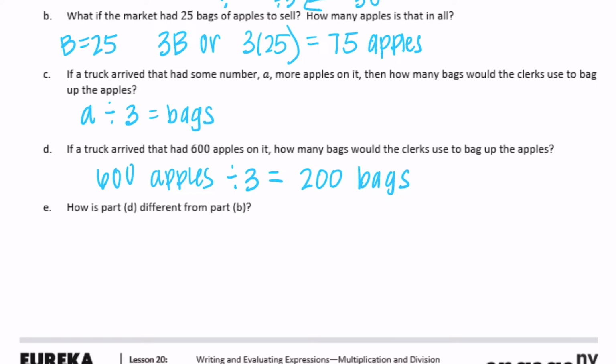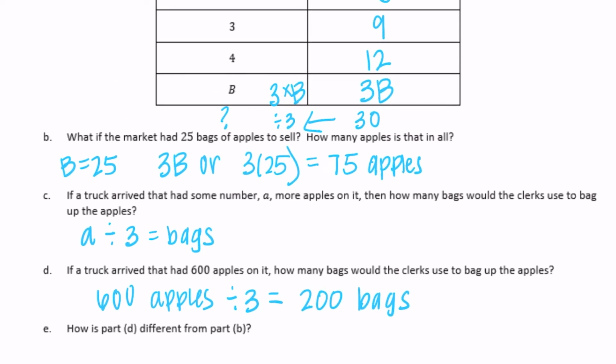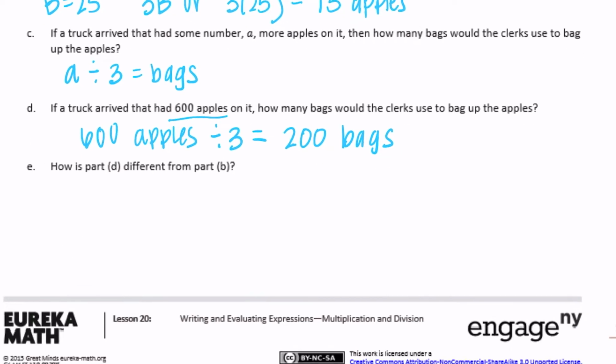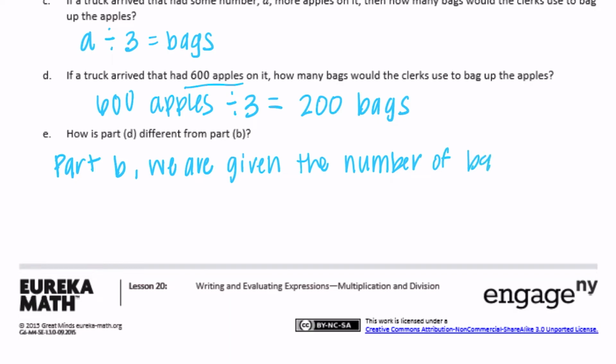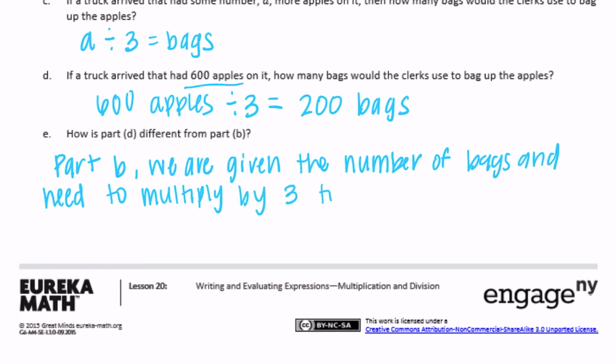And how is part D different from part B? So part B here, they gave us the number of bags. In part D, they gave us the apples. So let's say part B, we are given the number of bags and need to multiply by 3 to find the apples.